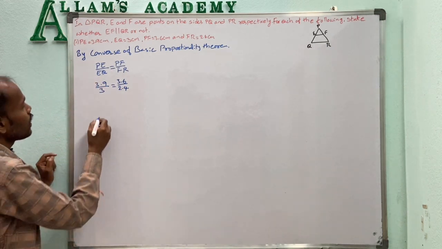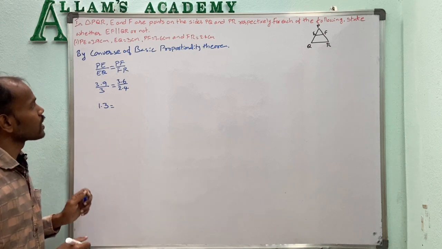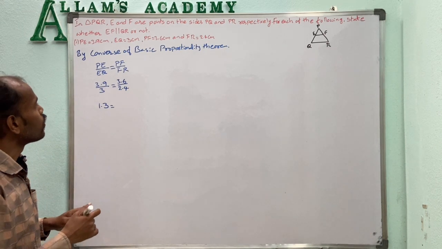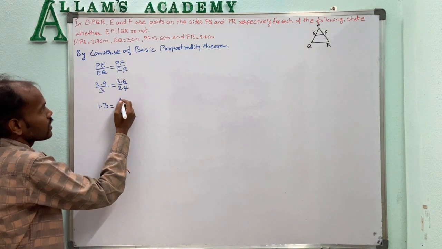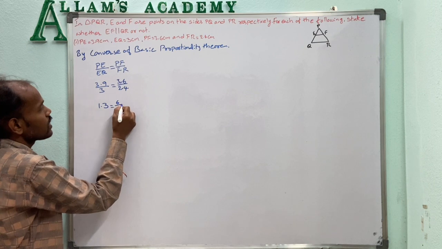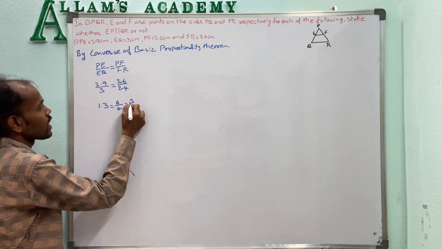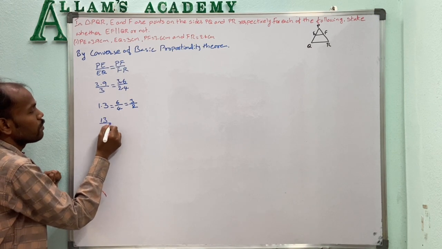So 3.9 by 3 is 1.3. For 3.6 by 2.4, both will go in the 6 table. So 6 ones are 6, 6 fours are 24, that means it is nothing but 3 by 2. And 1.3 means 13 by 10.